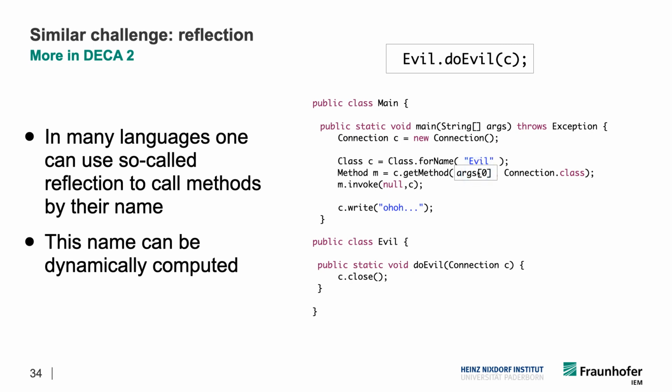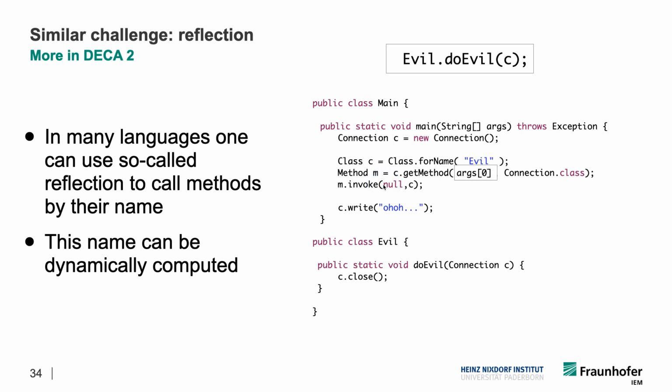And then, of course, any static analysis of this is hopeless, right? So then you can only do one of two approximations. You can either assume that this invoke doesn't go anywhere, that might be unsound, or you can assume that it can go everywhere, or at least everywhere within that class, and that might be imprecise.